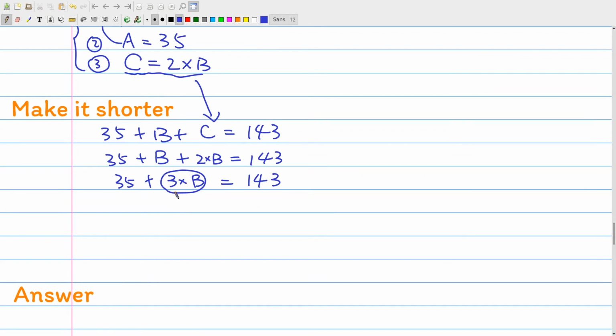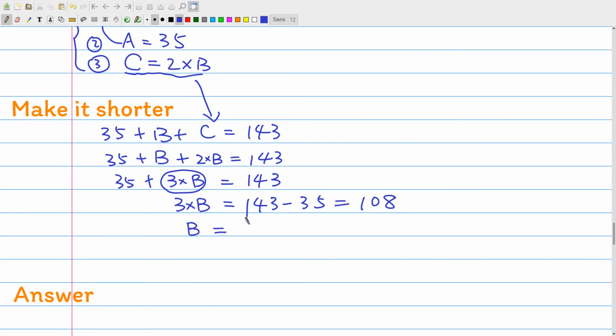We just treat it as one thing. Now I want to ask you, 3B equals what? Because 35 plus 3B equals 143. 3B equals 143 minus 35 equals 108.